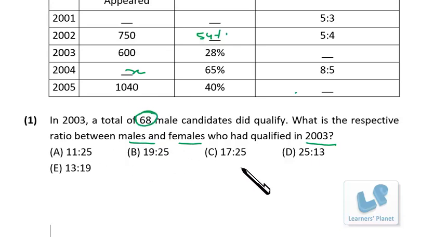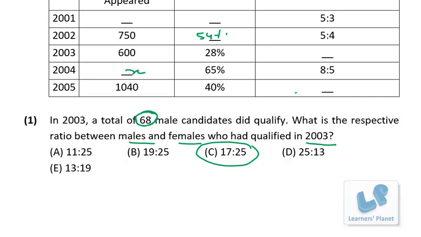Among the options, this is the only option that has a multiple factor of 68. 17 is a factor of 68 precisely. So we can find the answer without any calculation. Since there is none of these, no need to worry about the cross verification.